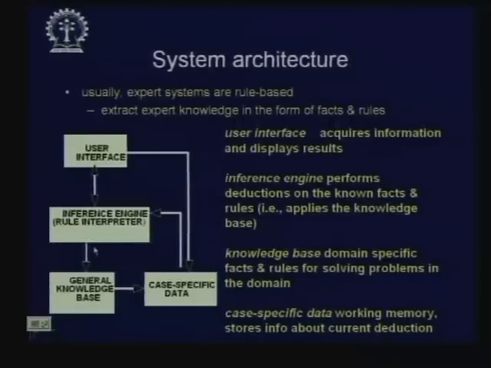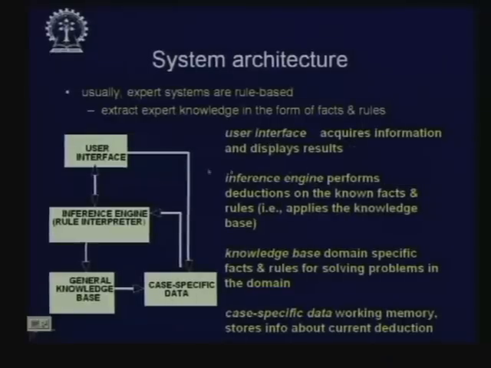We have not deviated from the earlier architectures, except that the case specific data can be directly fed here, but the interactions are the same: the inference machine will read the data, find out which rules are enabled, apply them, and on application new data will be generated over here.